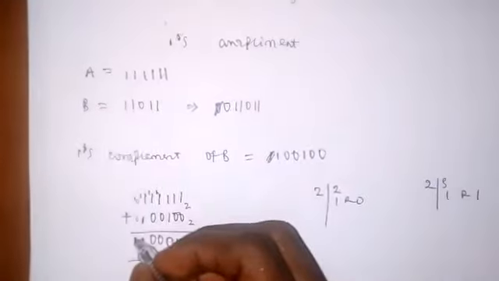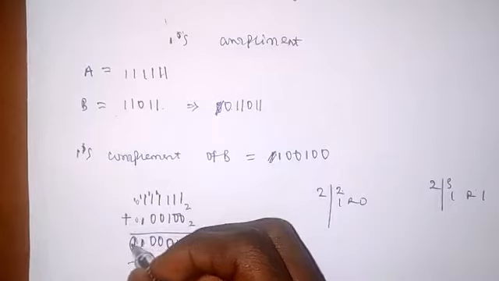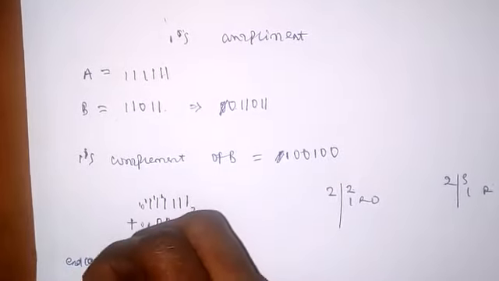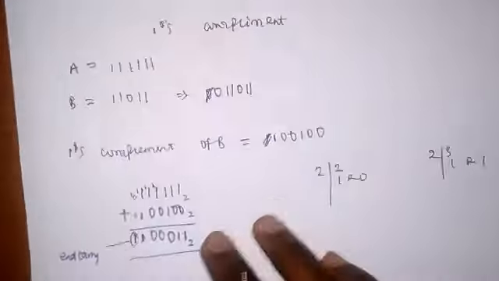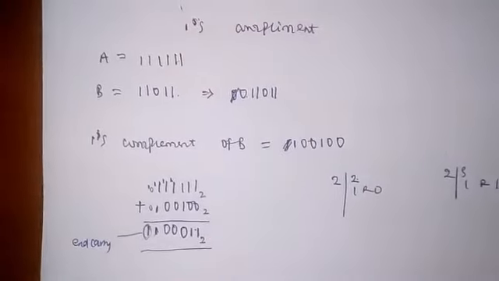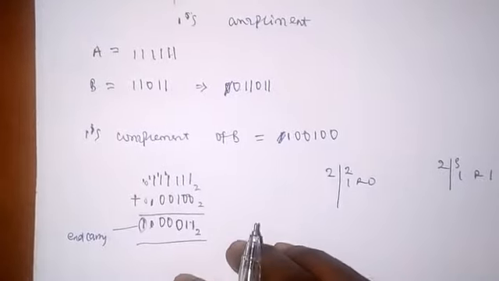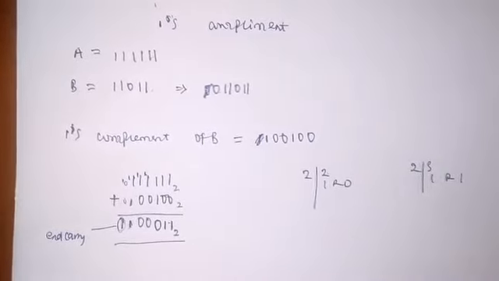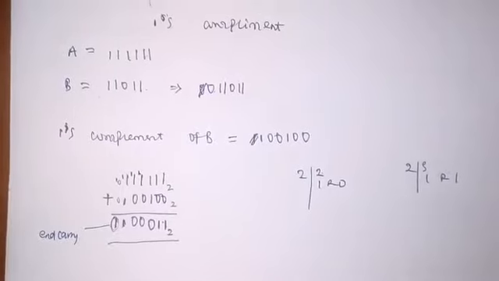There's an extra digit here, and that extra digit is called the end carry. But in 1's complement, the digit is not discarded. You remember, the digit is not discarded. And what you will do right now is the fifth step, which tells you that if there is no end carry, the result is negative.